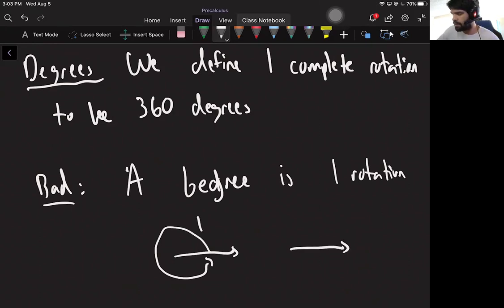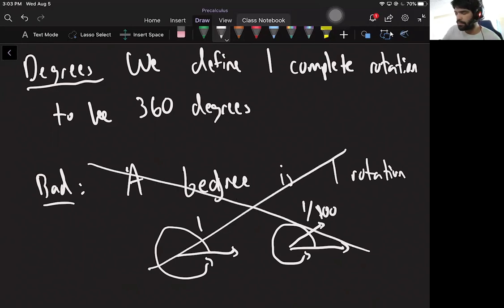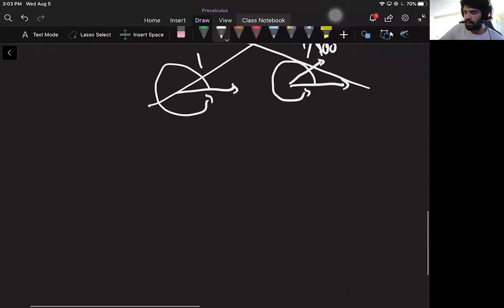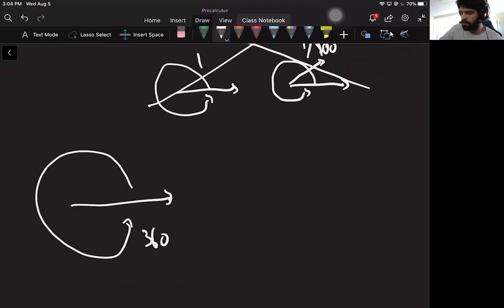But then that's kind of annoying because if I want to know what's this angle, then I gotta think in terms of fractions. Like, oh, it's 1 over 100 or something like that. So it's super annoying. So instead, we don't do anything like that. We say one full rotation is 360 degrees. That way, all of the other rotations are really easy to figure out. So here, this theta equals 360 degrees.